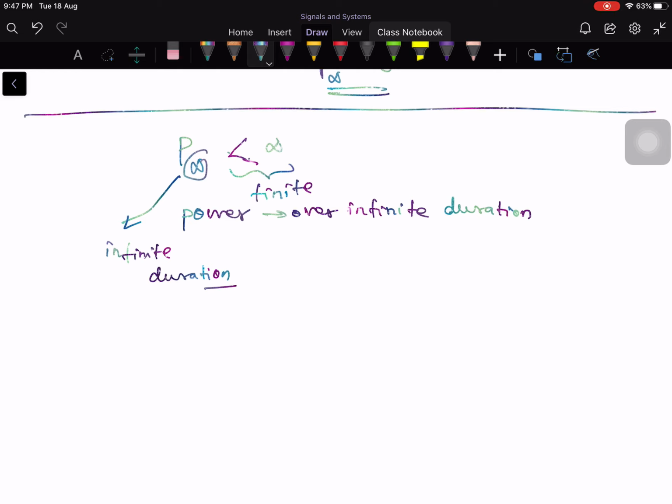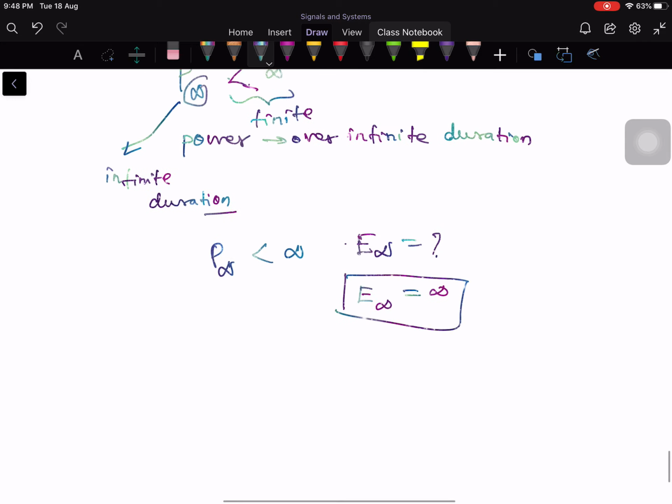Okay, so when P infinity is less than infinity, then what about E infinity? That you can simply find out. In that case the energy of the power signal is infinity. You can prove it. It's a straightforward exercise. Therefore, if there is a non-zero average energy per unit time, then integrating or summing this over an infinite time interval yields an infinite amount of energy.